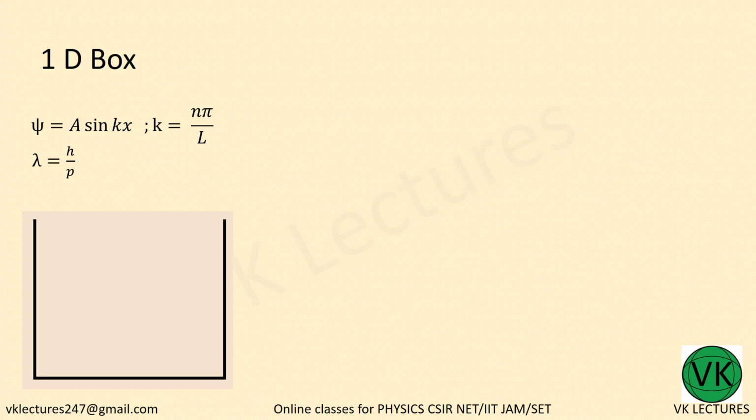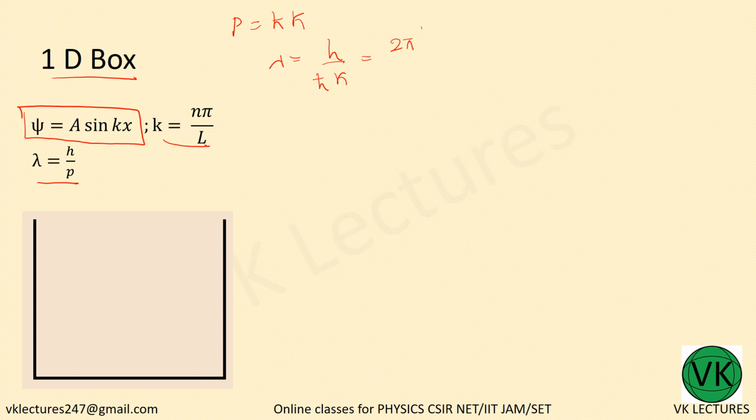Now for a particle in a one-dimensional box, the wave function is given by psi equal to A sin kx, where k is equal to n pi by L. And from de Broglie we know lambda is equal to h by p, and p is equal to h cross k. Substituting that value, lambda is equal to h divided by h cross k, that is 2 pi h cross divided by h cross k.